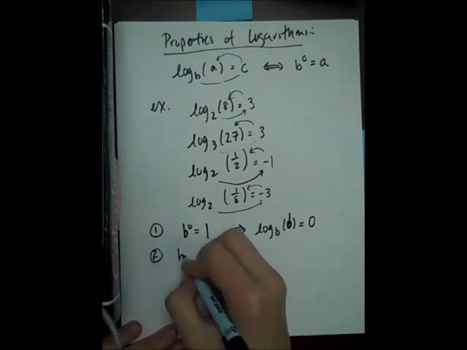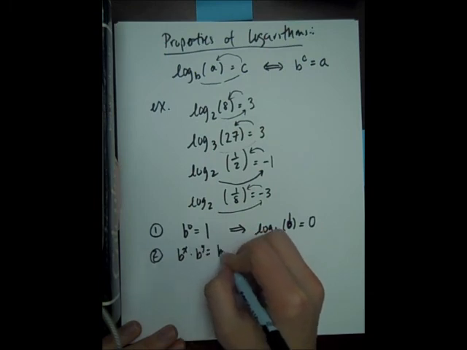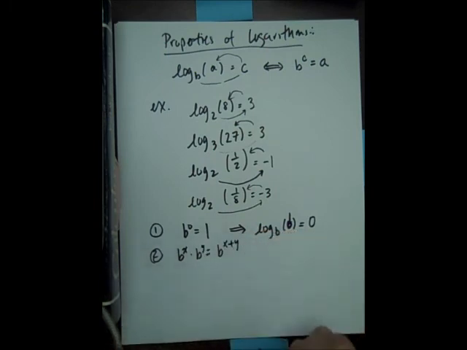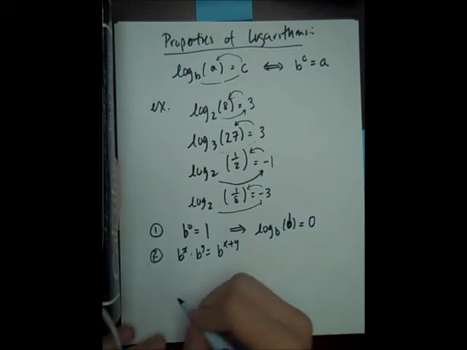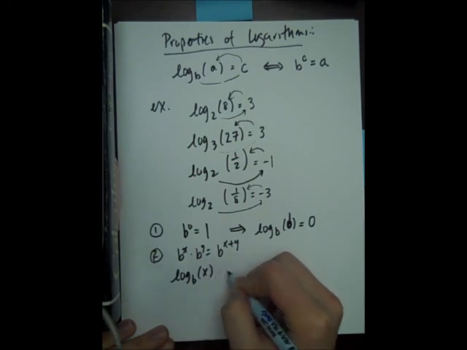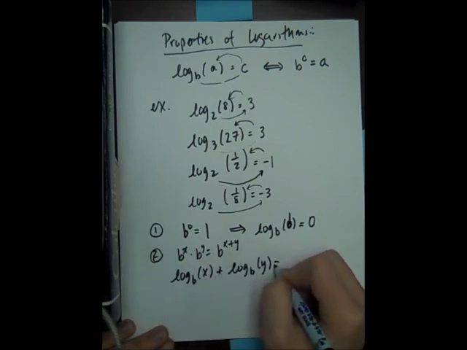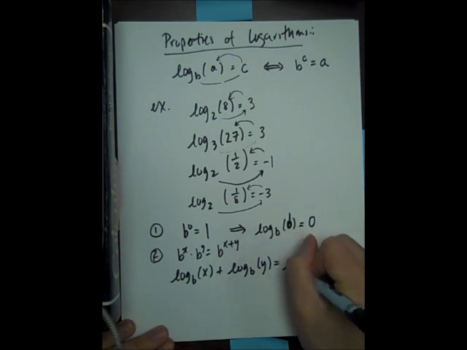Secondly, our second property of exponents was b to the x times b to the y is b to the x plus y. What does that tell us in terms of logarithms? This says that log base b of x plus log base b of y is equal to log base b of x times y.